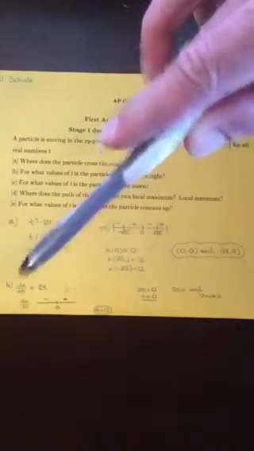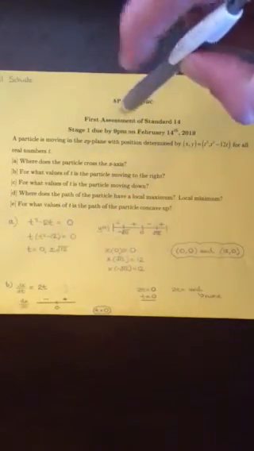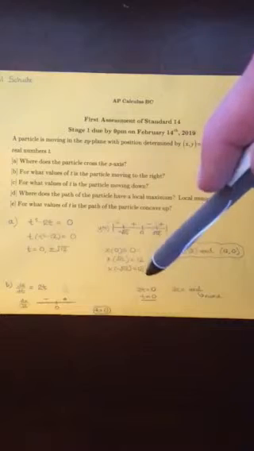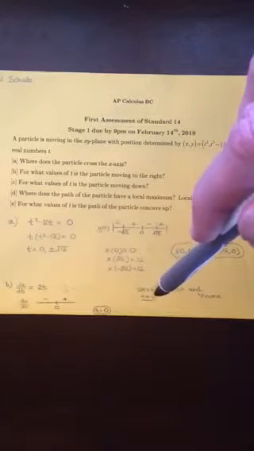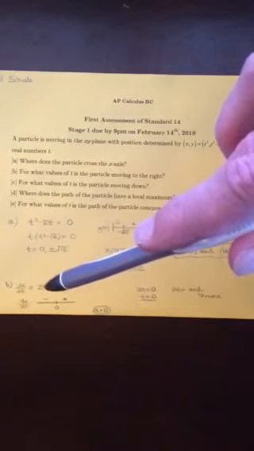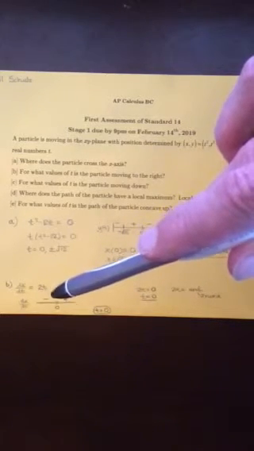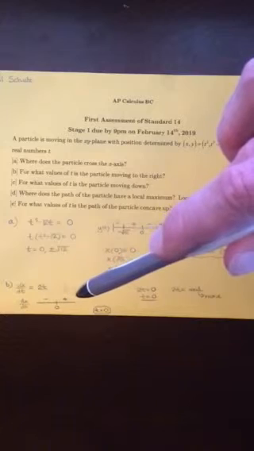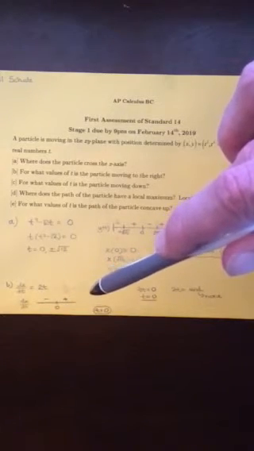And then I made a sign chart for dx/dt about the critical point t equals 0, and found that when t is less than 0, dx/dt is negative, and when t is greater than 0, dx/dt is positive.